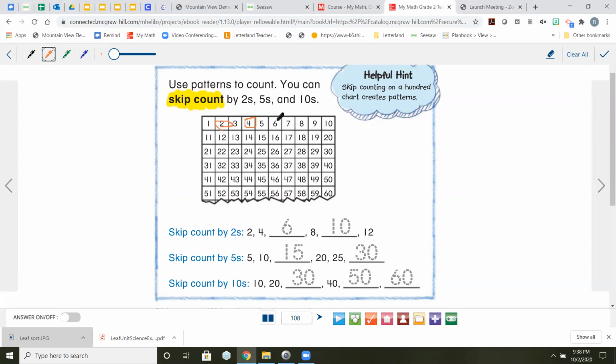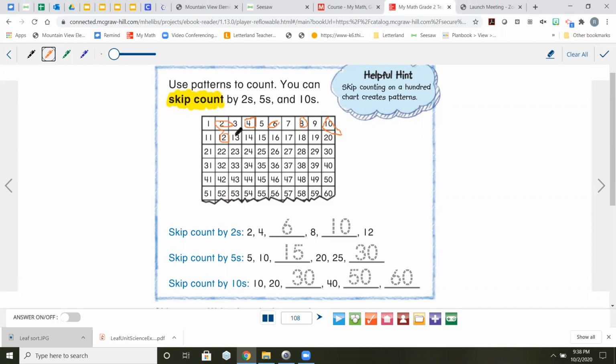Skip 1, and then if I circle this, is that what they have next down here? 2, 4, 6. Then I skip 1 and I do this next one. Skip 1. And then after 10, skip 1, and you have 12. And that's the last one there.